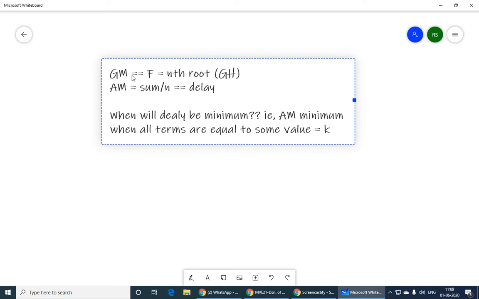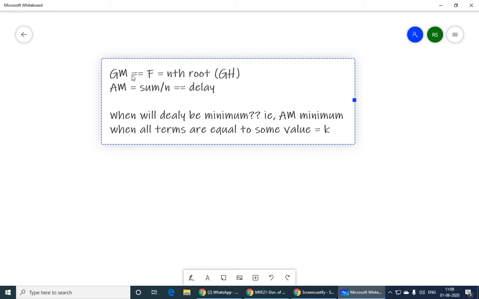We have a delay for the circuit. We want to minimize the delay. How can I choose the x, y, z to minimize the delay? And what the arithmetic mean, geometric mean inequality tells us is, if you want the minimum value for the arithmetic mean, you can get that by choosing the values to be the same for all the blocks.